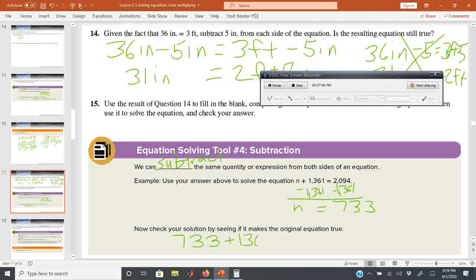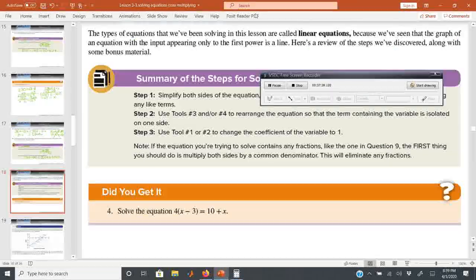The process that we went through is supposed to tell us whether this is true. I add those. 1,300 and 700 is 2,000. 33 and 61 is 94. So we have 2,094. So that is true. We were in fact able to subtract the same number from both sides of the equation and answer our question.